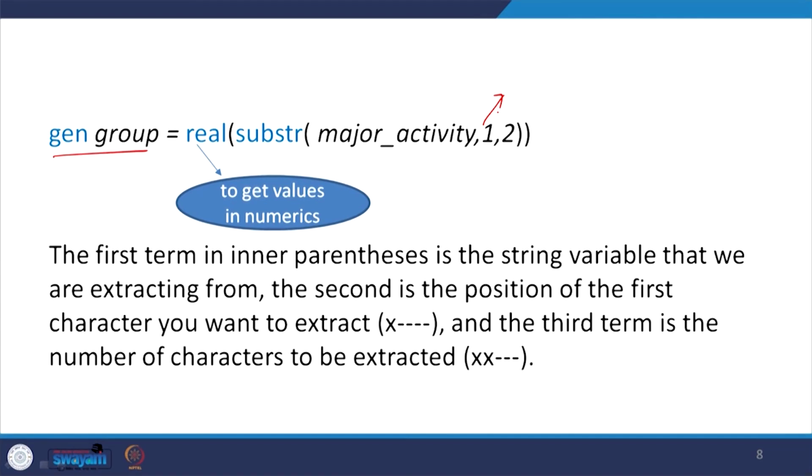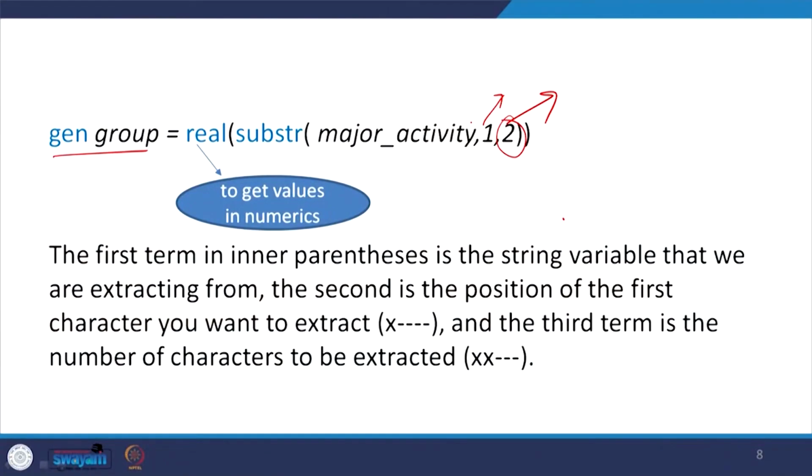So you just specify 1 there, and after the comma, the third term is how many characters it occupies. The 2-digit level classification you want to extract has occupied till the second character. So you have to mention 2 here, since there are 5 characters in that string.